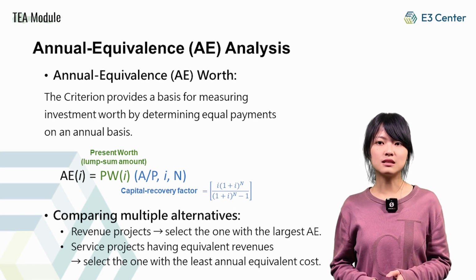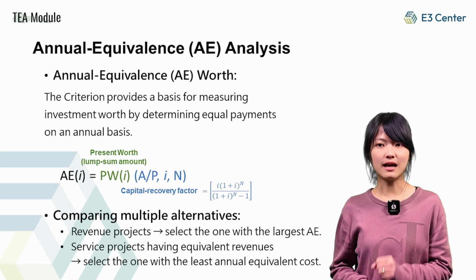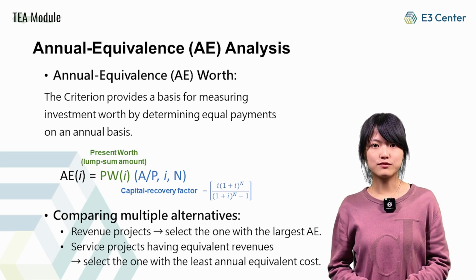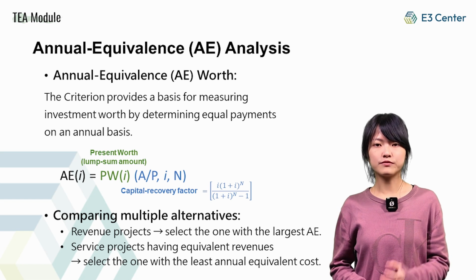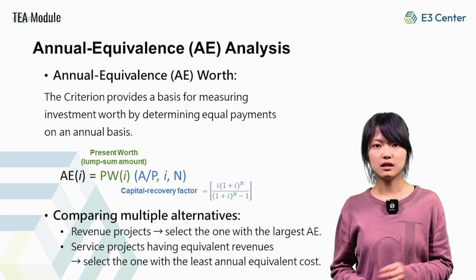When comparing multiple projects, choose the one with the highest AE for revenue projects to maximize the return. For service projects, opt for the one with the least annual equivalent cost, ensuring cost effectiveness.